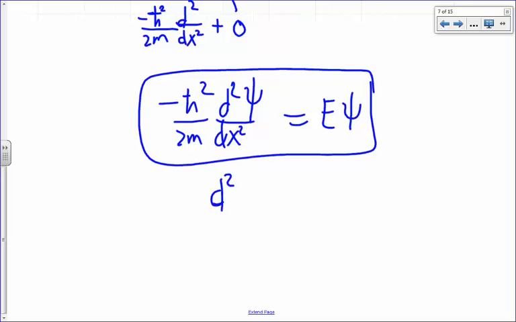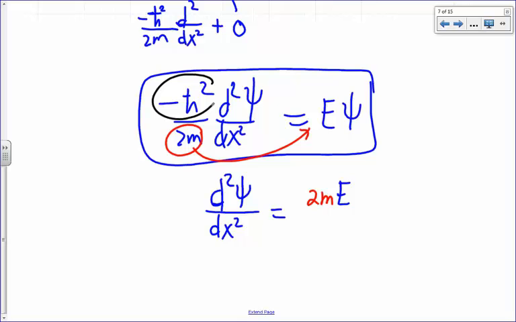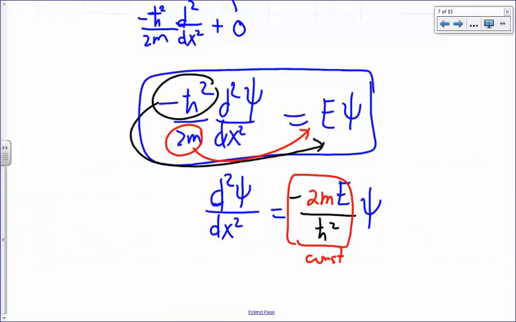Second derivative of psi with respect to x equals, I'm going to move my m over there, so it's going to be 2m times E, and my h bar squared I'm going to move over there, so that's going to be over h bar squared, and that's going to be negative, right? Times psi. And this is just a constant, right?